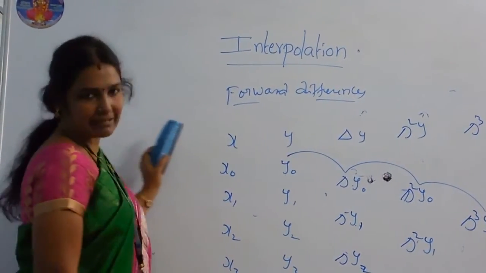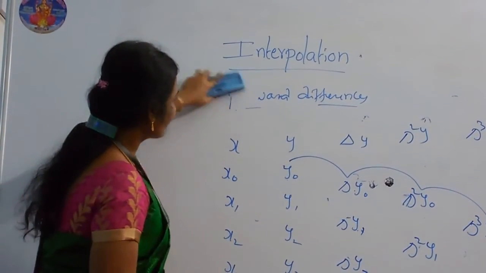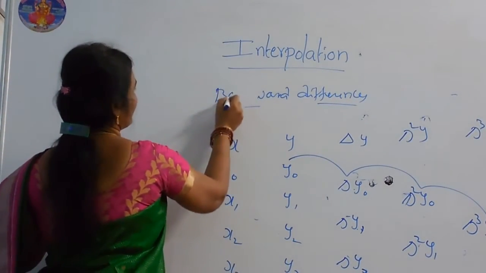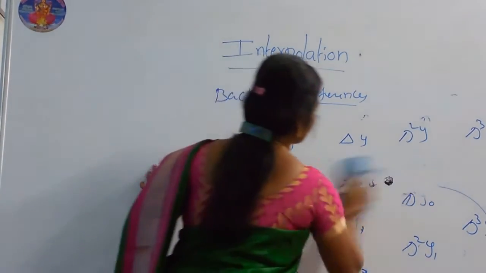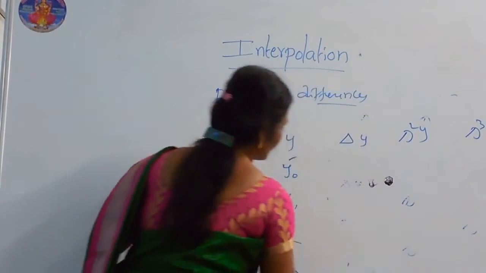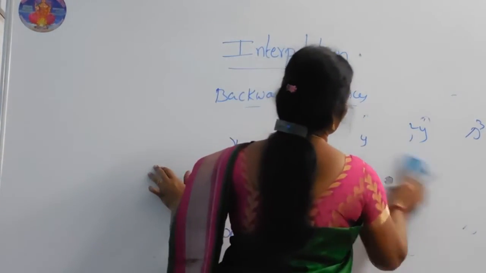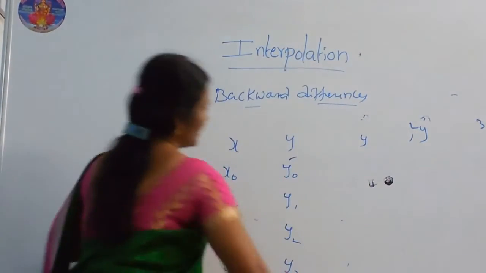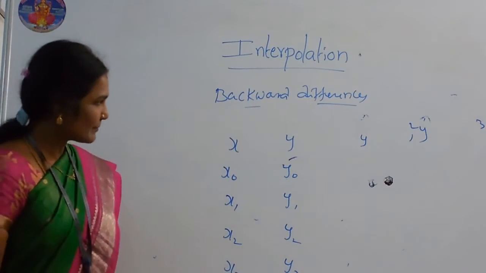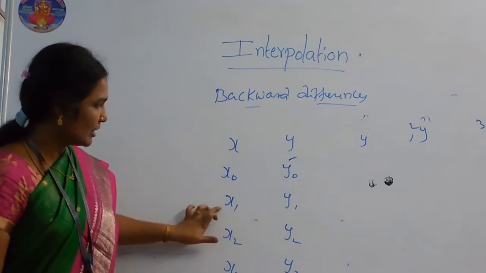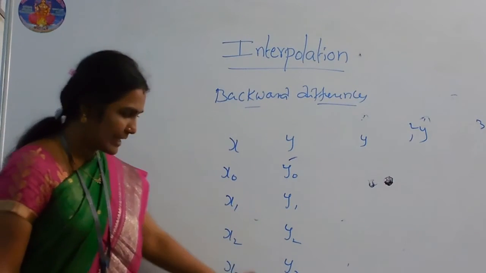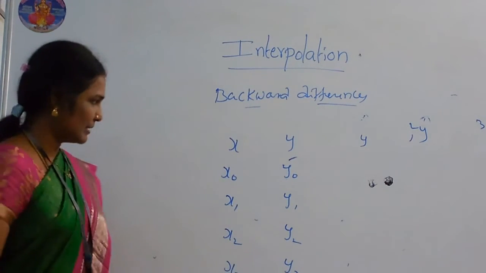And next, coming to backward differences. Now the same given table values x0, y0, x1, y1, x2, y2, x3, y3 are the given table values.